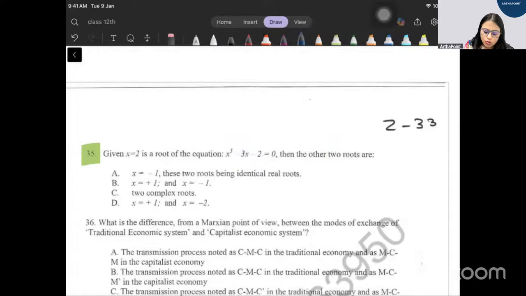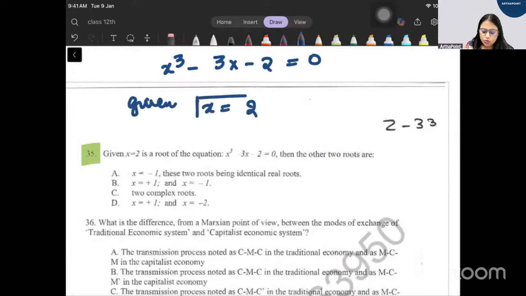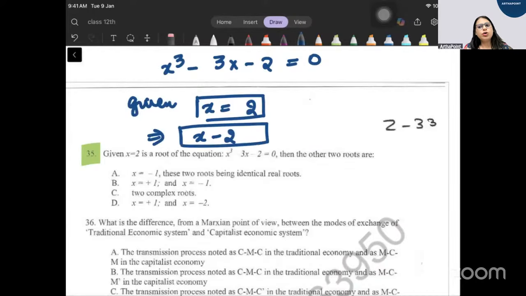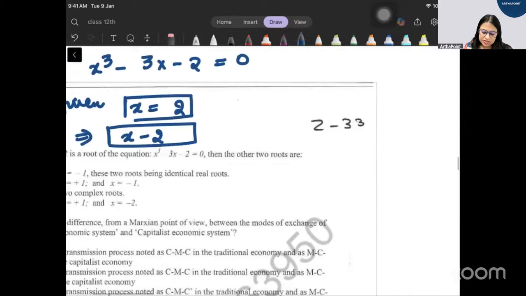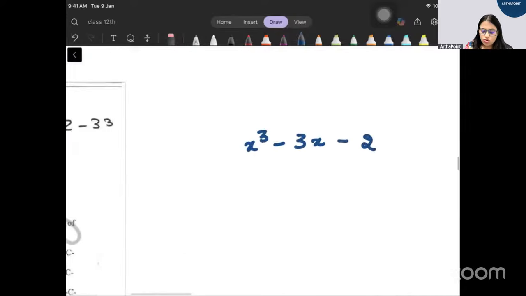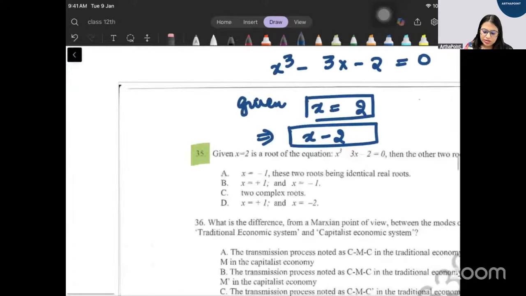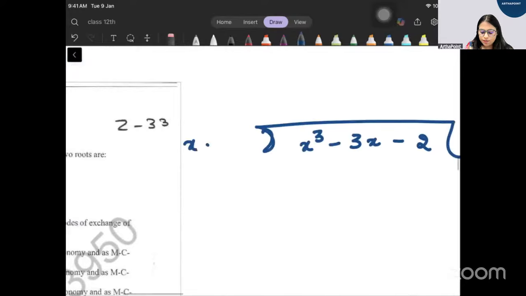So x cube minus 3x minus 2 equal to 0. It is given that one of the roots is x equal to 2. It means the first factor will be x minus 2. So x cube minus 3x minus 2 you will divide by x minus 2. First we will have x, and x cube means x square will come here.